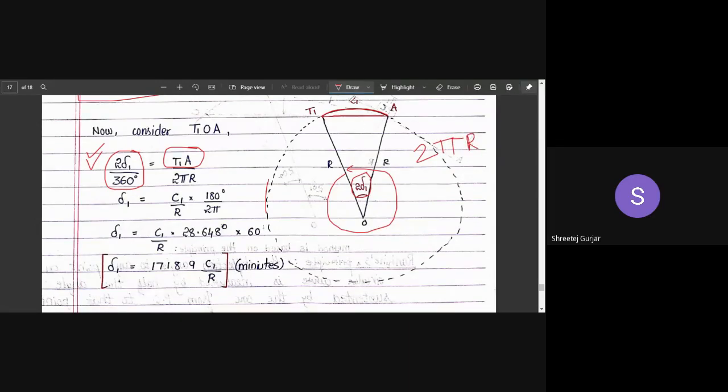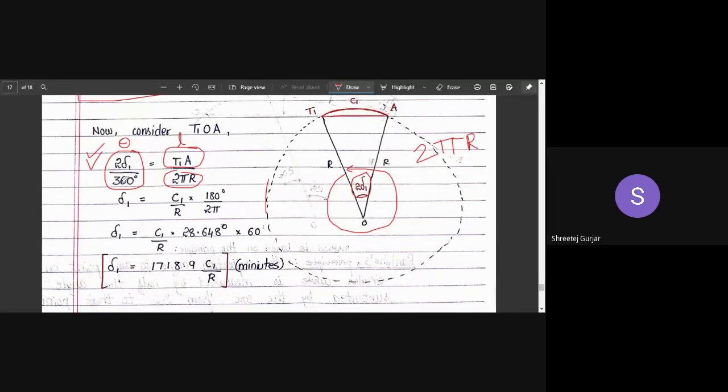So this particular length we will name it as C1, right? C1 divided by 2 pi r. Correct. For the sector, you write first in the numerator, and in the denominator, you write for the whole circle. That is 2 pi r. So this is regarding your length, and this is regarding your delta or your theta.